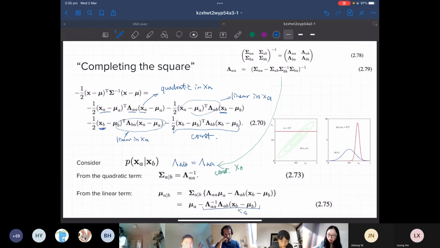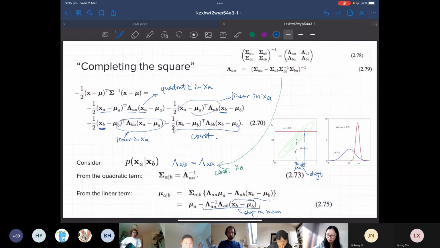So this is the shift in mean. In this particular picture, this was mu of a, and if the conditional mean is here, this is the shift term.